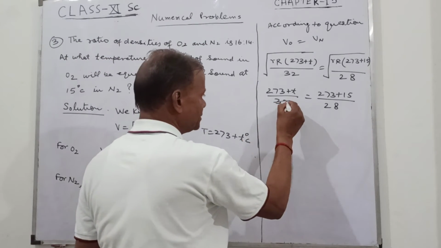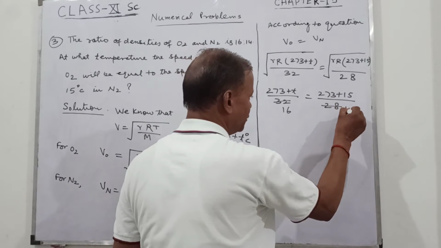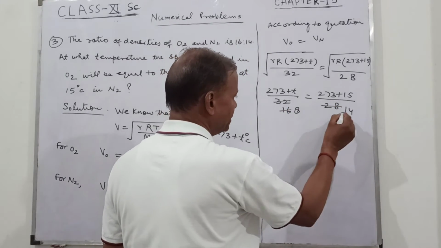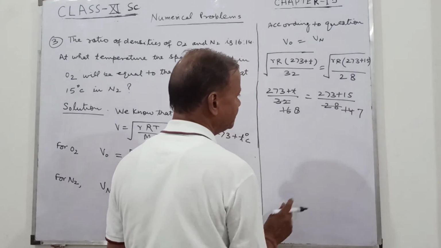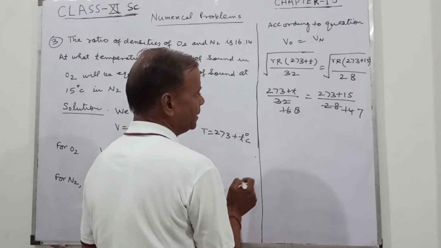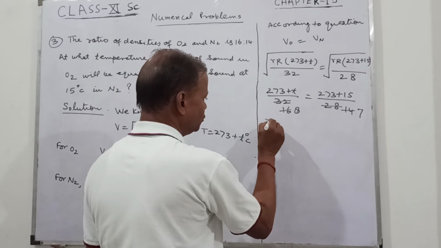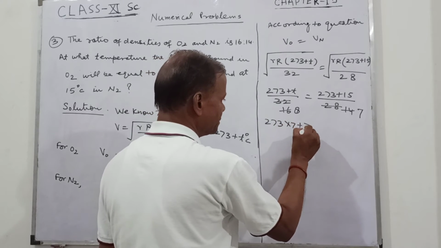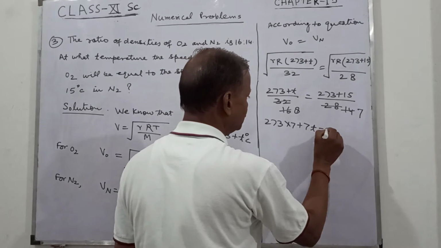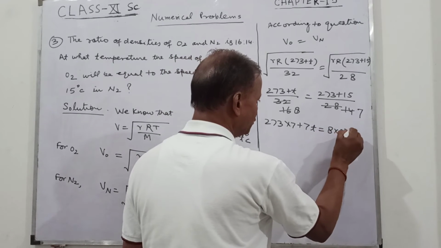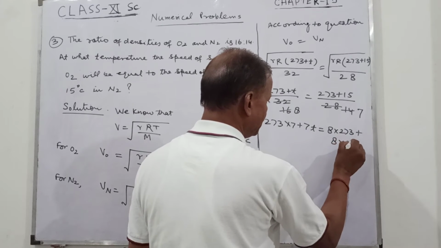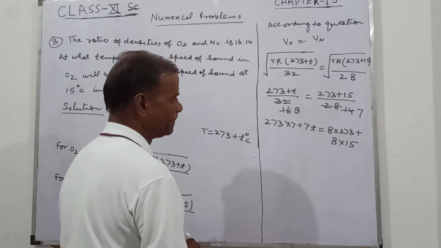Cancel: this is now 16, this is 14, and again by 2, this is now 8 and 7, and then cross multiply. So 273 into 7 plus 7T equal to 8 into 273 plus 8 into 15.